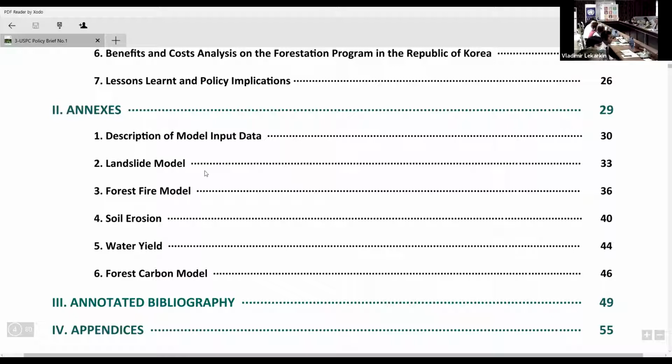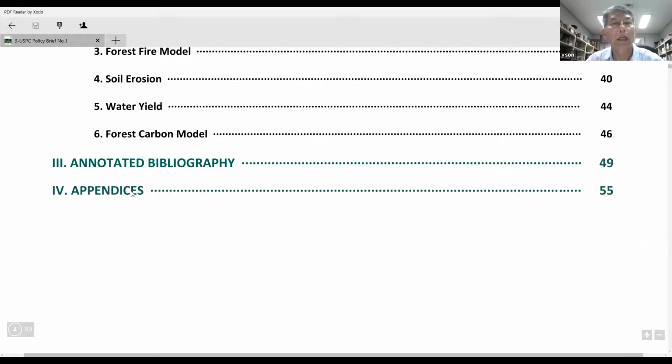So for each benefit, we have different models. So you will see the specific model for specific benefit. And then in the appendices, we listed the actual data.